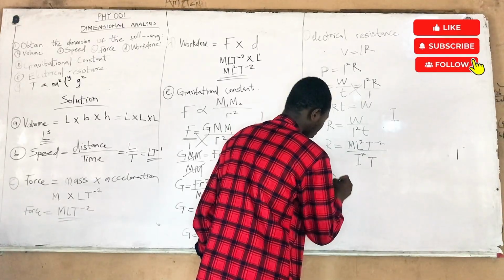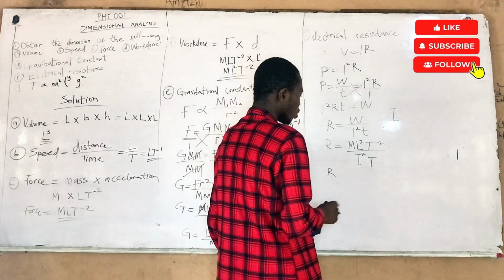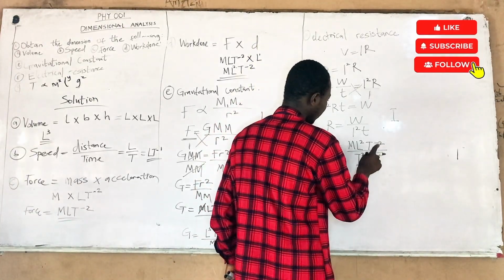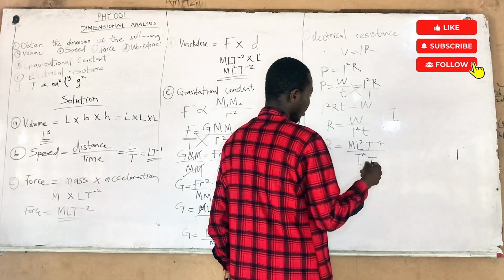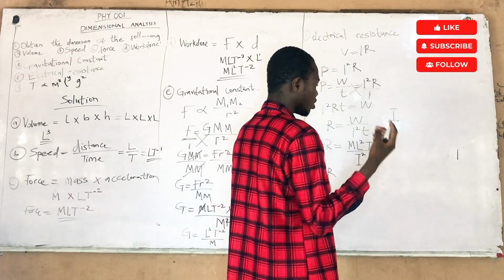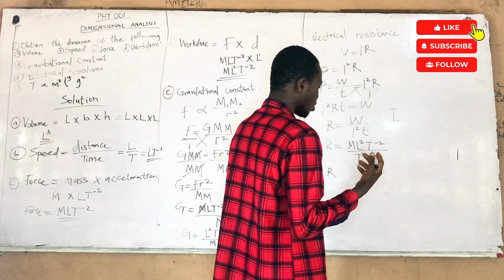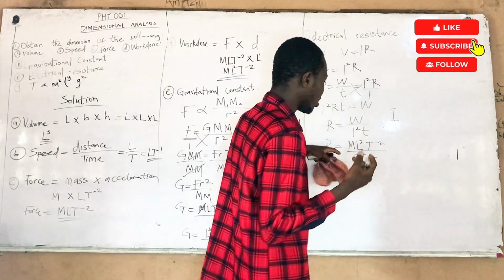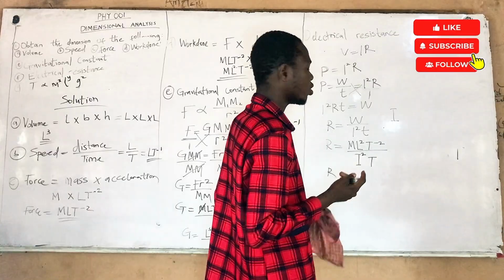Okay, let's express it to the lowest form. So we are having T here, we are having T here, right? And like I said before, if you are having the same base but different power in indices, and there's a division that is separating them, you are going to subtract.